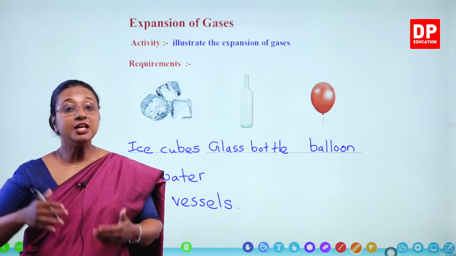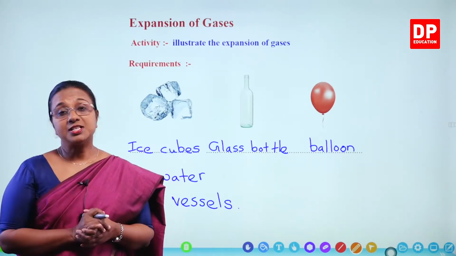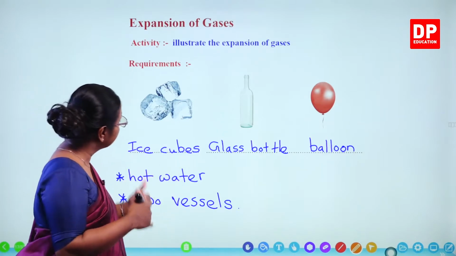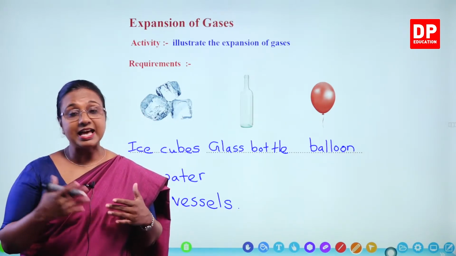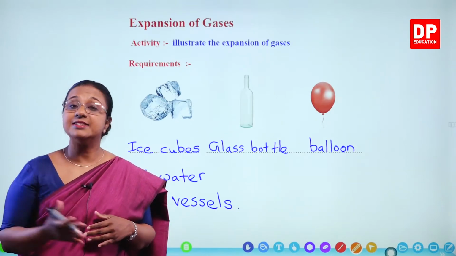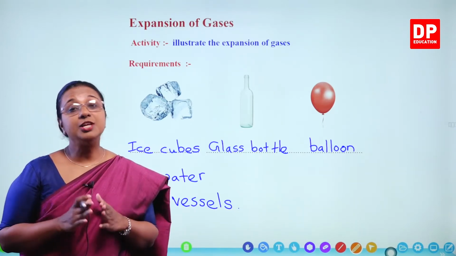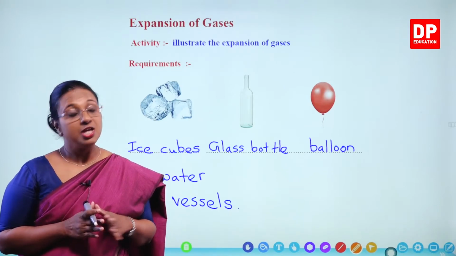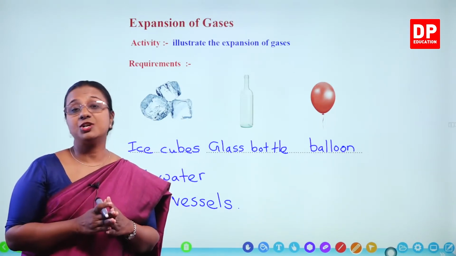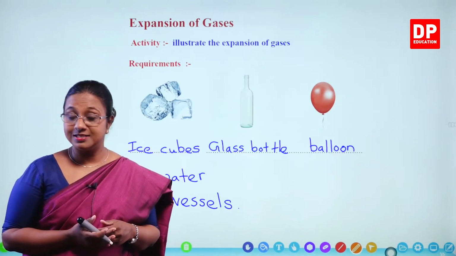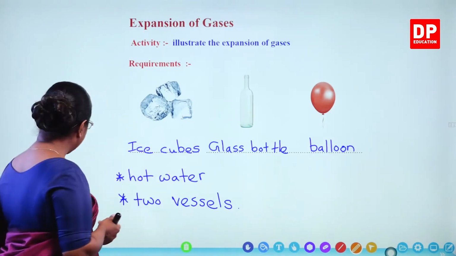And after that you can take out the glass bottle with the balloon and again keep it inside the vessel containing ice as well, ice cubes and ice water together. So, then you can observe what happens there. So, by doing this activity, you can observe both expansion of air as well as contraction of air. So, that is the activity.